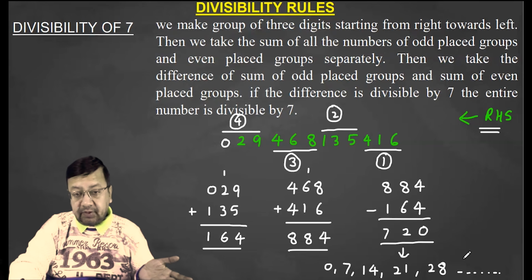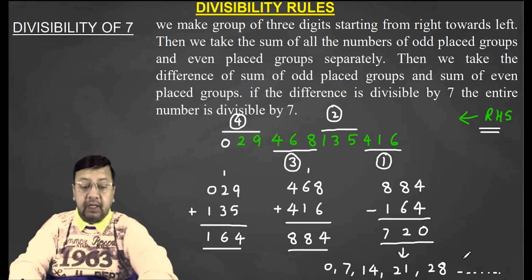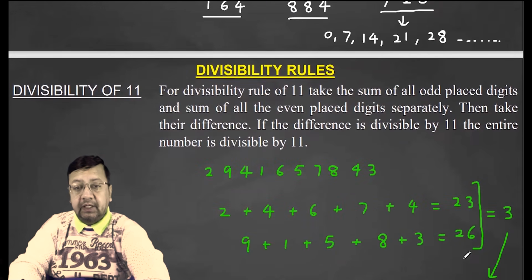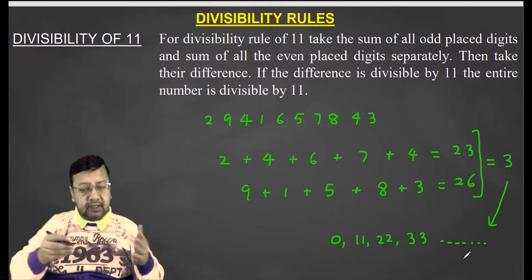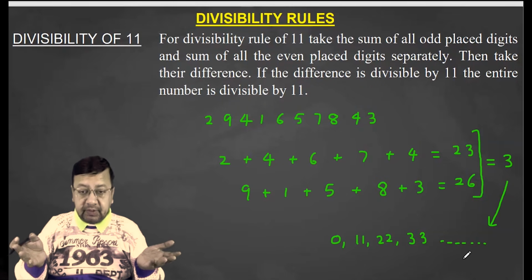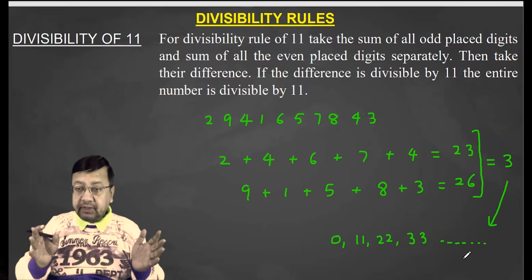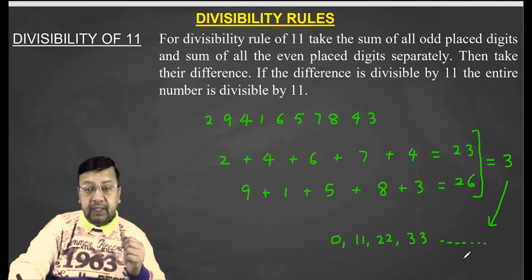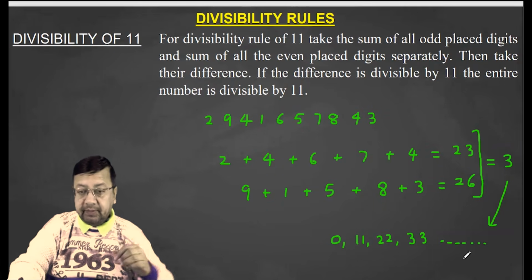If the difference is not divisible by 7, the number will not be divisible by 7. And for the 11, we are not making the groups, we are taking the individual alternate digits. Then rest everything is same as 7. So add individual digits, get two different sums, right? Take the difference. If the difference is divisible by 11, number will be divisible by 11. Otherwise, number will not be divisible by 11, right?